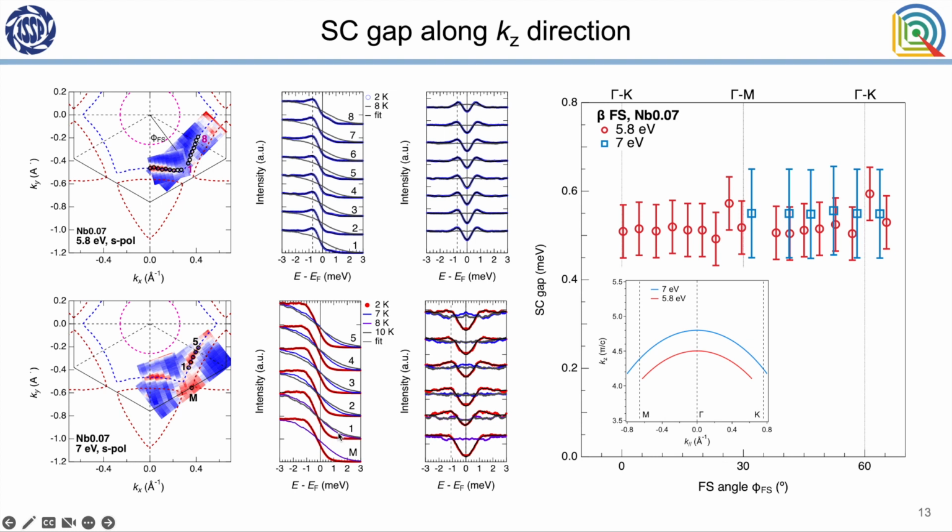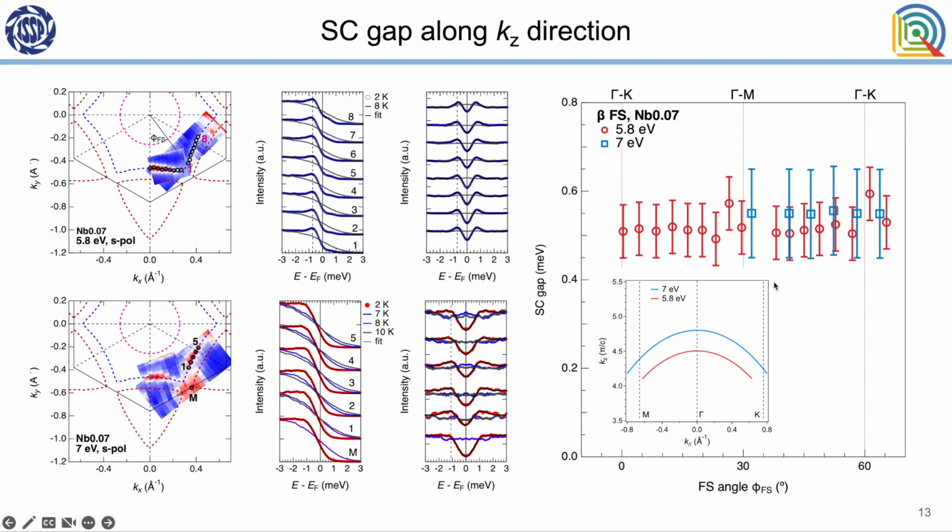However, by symmetrizing the EDCs, we found the density of states is missing near EF at low temperatures, as shown in this figure, indicating a finite gap opening. With the energy resolution considered, the fitted superconducting gap is similar to the one measured with the 5.8 eV laser.